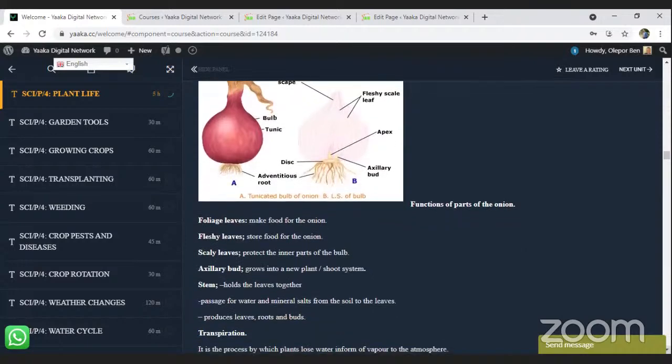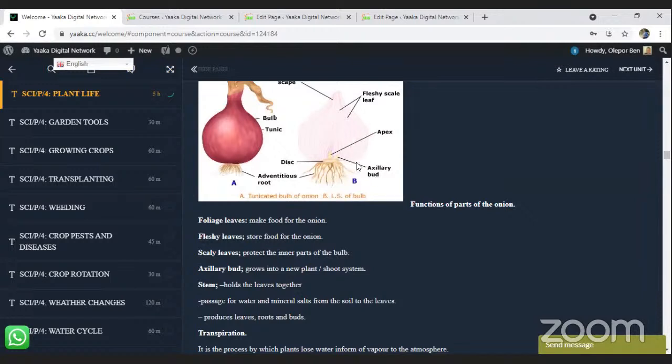The middle part is called the bulb. After the bulb, it's called the tunic. And another one is called adventitious roots, fleshy scale leaf, apex, axillary bud.